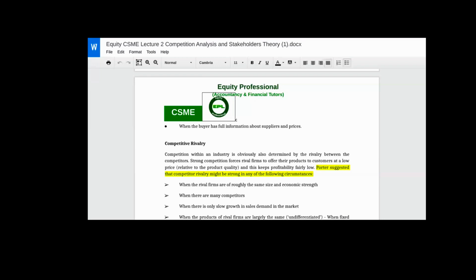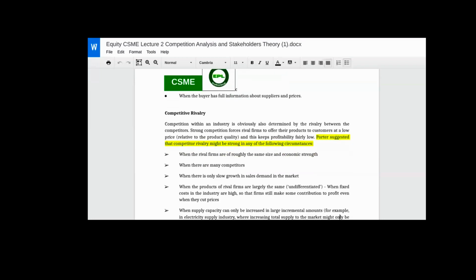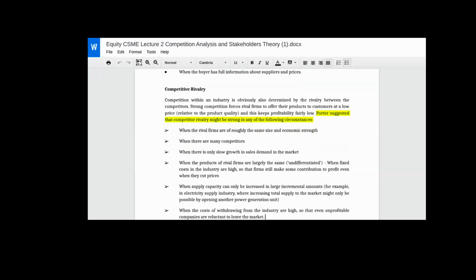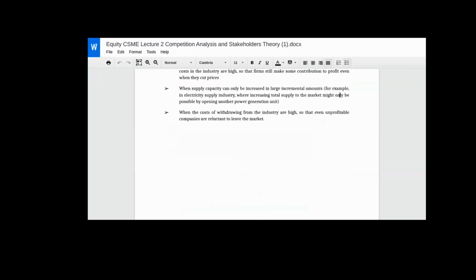But overall, when you look at what these scholars have said, and from our own little experience about what we call level of competition, competition is healthy. It is good for economic viability. Competition is good for job creation.